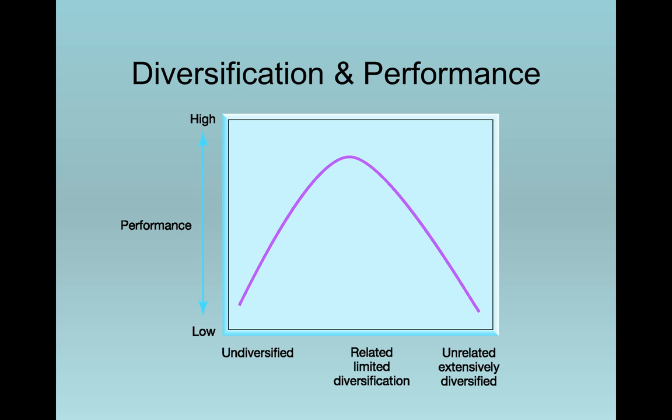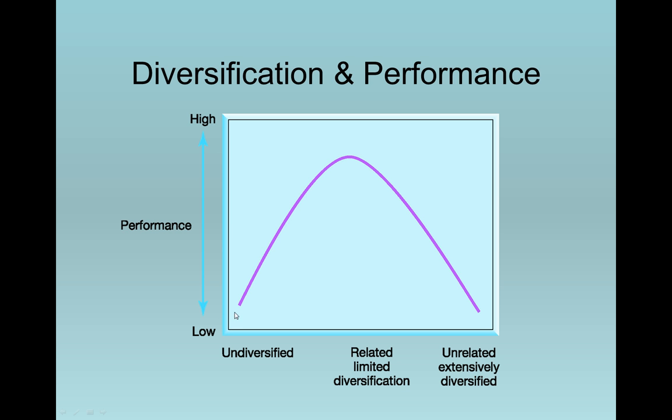This diagram is designed to show how the performance of diversification, or the performance of diversified firms, can vary according to the level of diversification. What we see here in the bottom left-hand corner is a single firm or a closely related small portfolio of businesses that may be suffering from some poor performance.